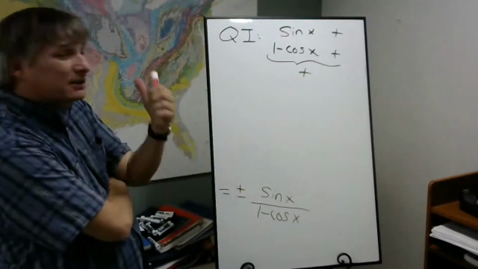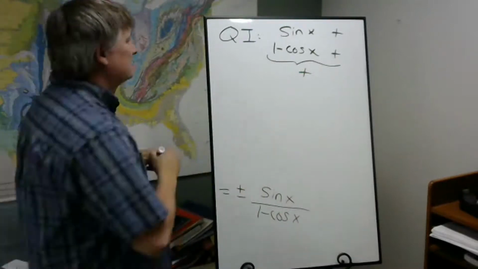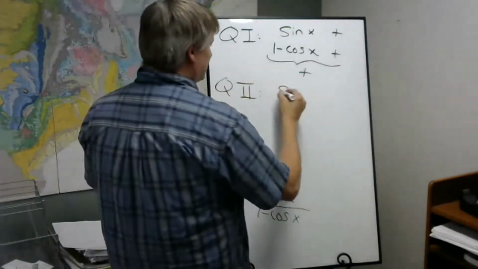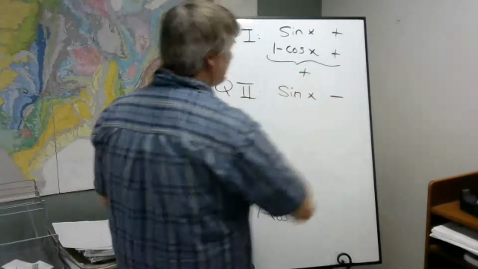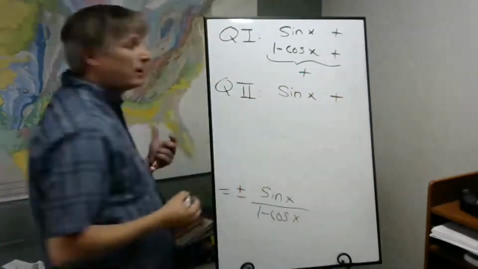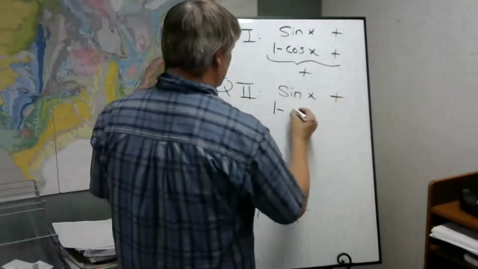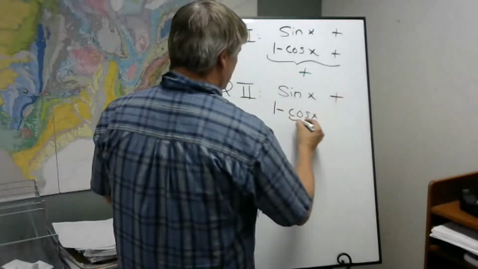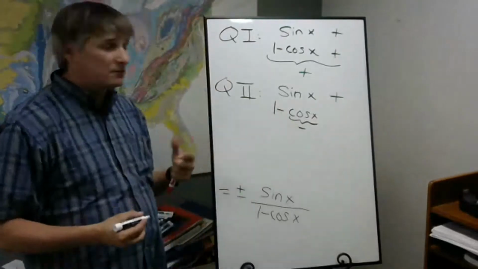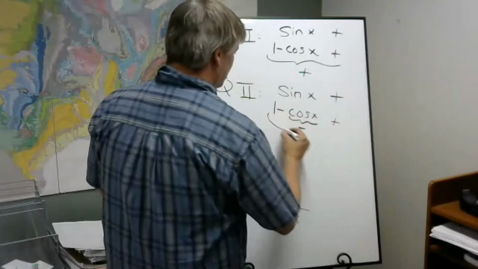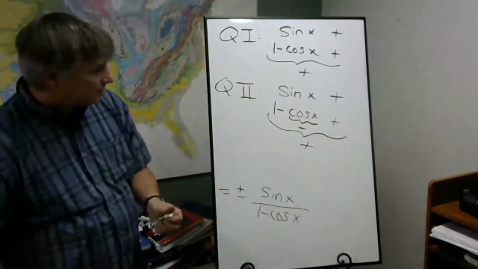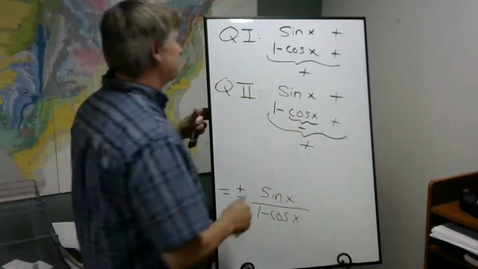Now, if we go to the second quadrant, quadrant 2, sine of x is positive. 1 minus cosine x, well, cosine is going to be negative, but 1 minus a negative is a positive. So again, it's positive. So in that quadrant, it's also going to be positive. Now let's see what happens in the third quadrant, though.